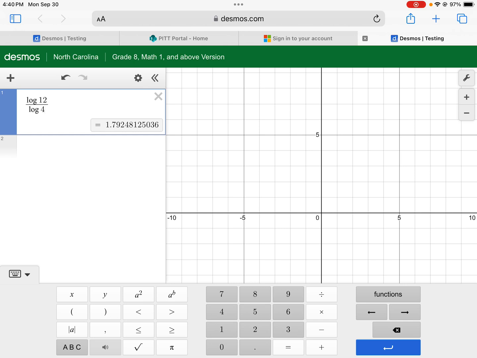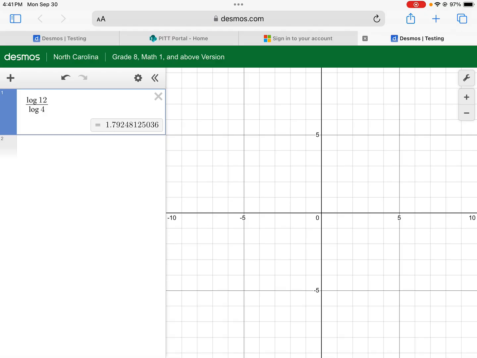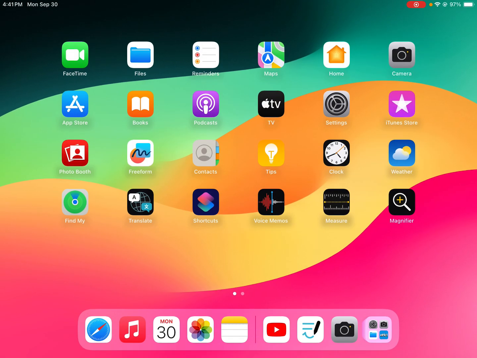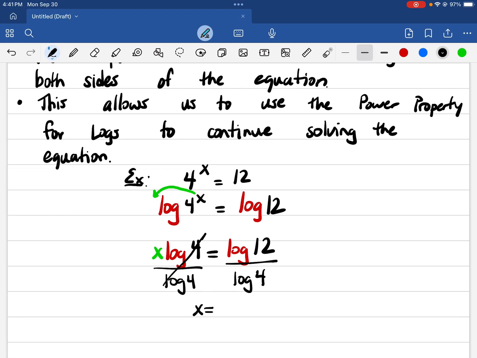All right, and in these situations, I'm going to encourage you to round to the nearest hundredth. So in this case, that would be 1.79. All right, so that's one way you could go about solving that.